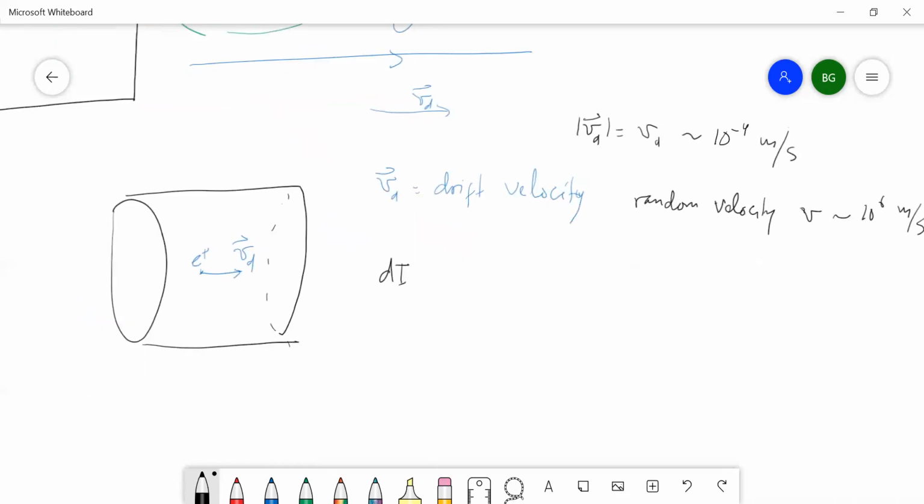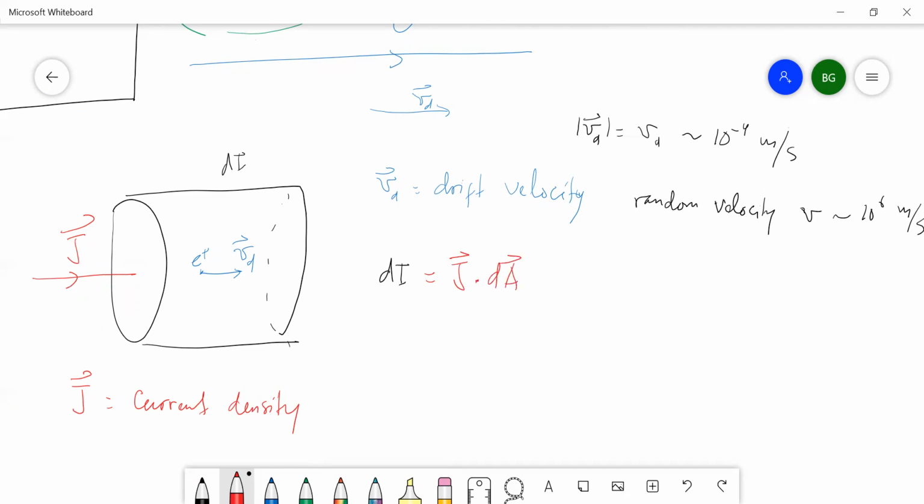So the infinitesimal current here, somehow in this case we have this factor called J. J is the current density. This should equal J dot dA.